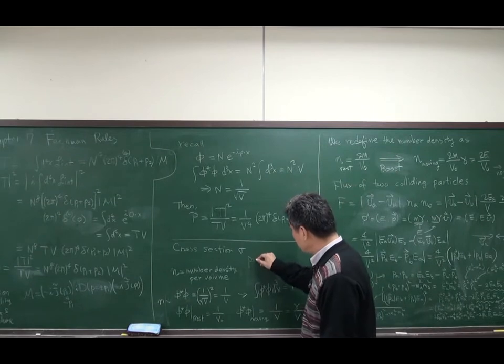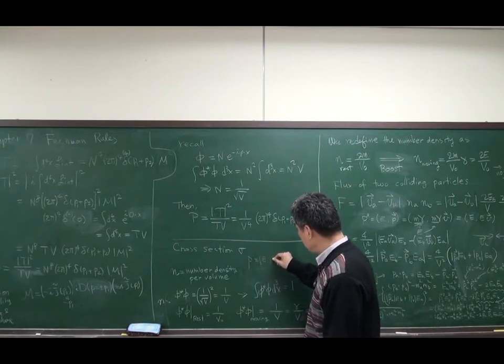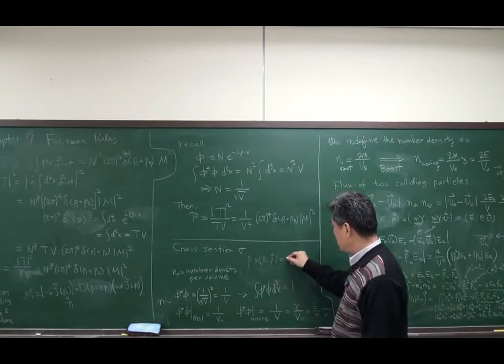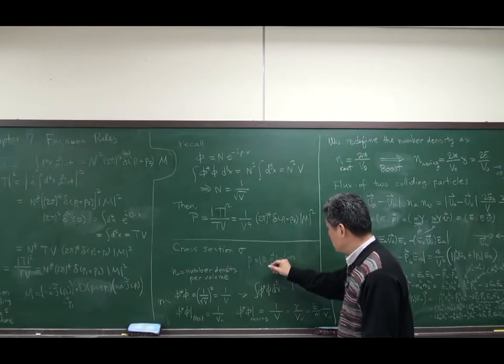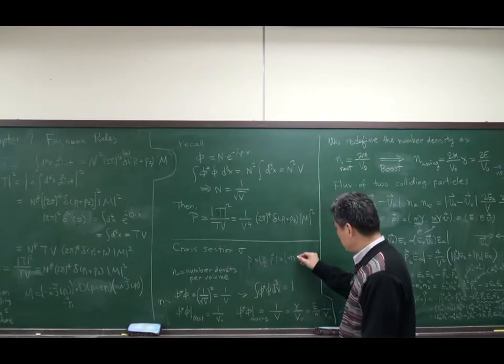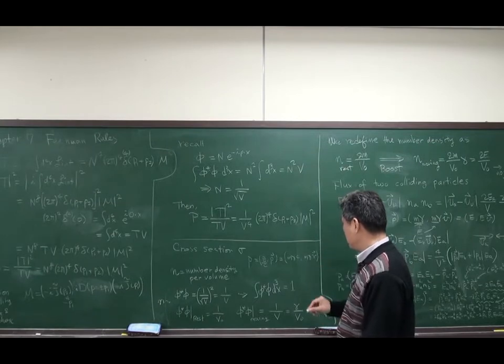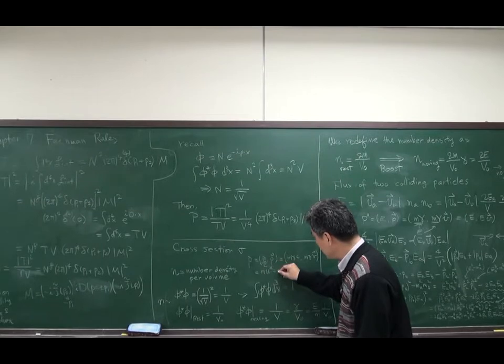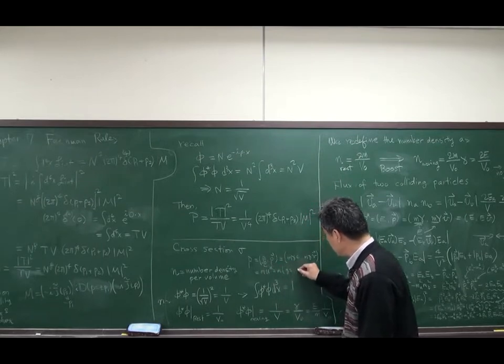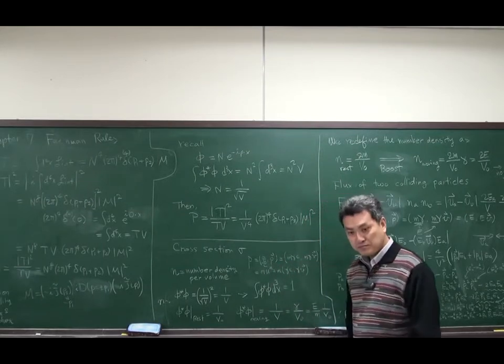P mu is E and P vector, and E equals M gamma, if I use C, then M gamma C and M gamma V, right? You remember it is M times U mu. That is M gamma C, gamma V, right?